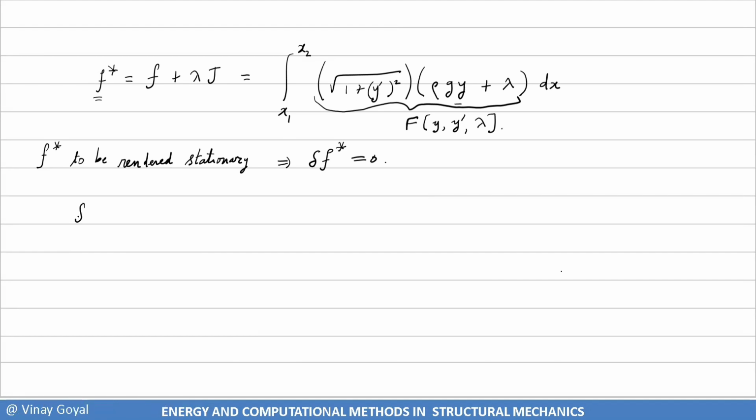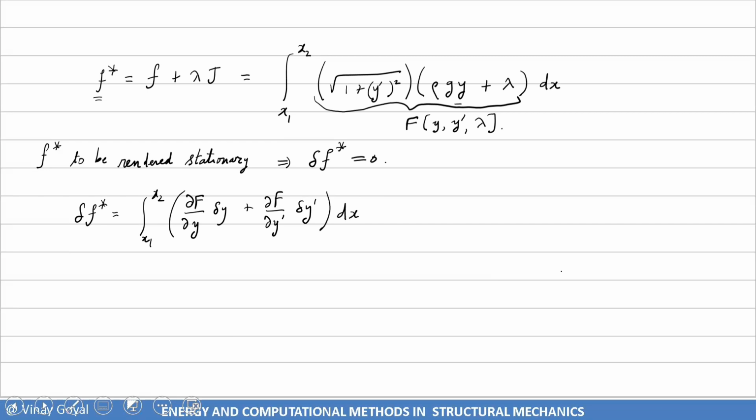So the first variation of f star from x1 to x2 is the derivative of F with respect to y times delta y, plus the derivative of F with respect to y prime times delta y prime. And I'll ignore the lambda term because usually when you do that, you basically get the constraint equation. So it's not really necessary to rederive that, knowing that that's going to happen.